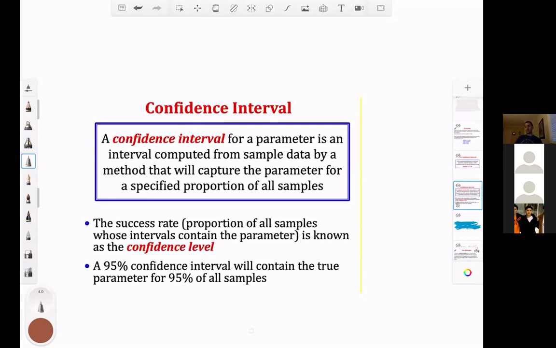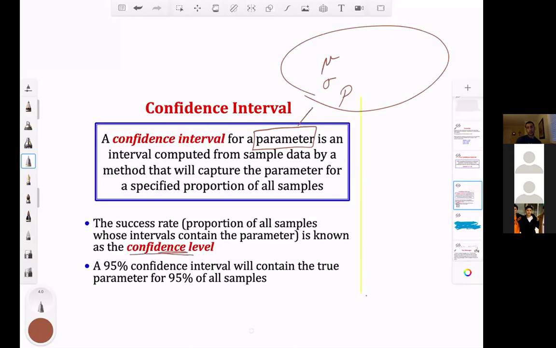So, a confidence interval for a parameter. A parameter is something related to a population, like mu or standard deviation, and the confidence interval is an interval.